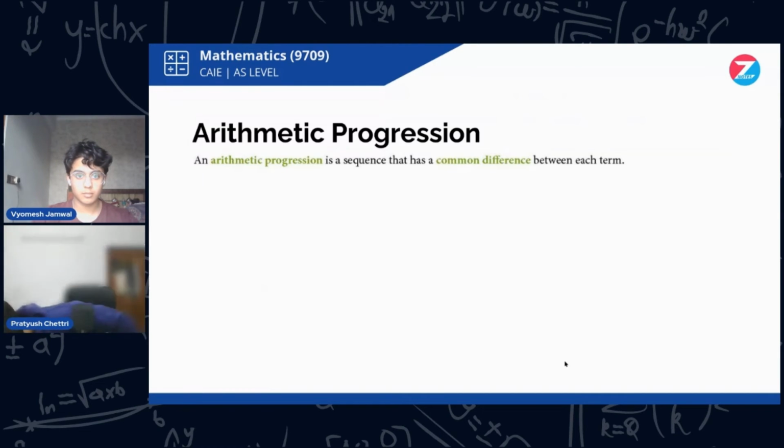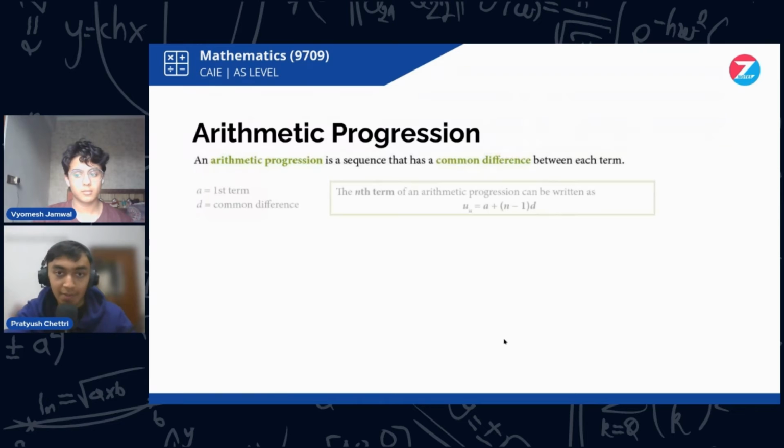Okay. So I was saying the previous page wasn't too important to your syllabus, but this is the main chunk of this topic, arithmetic progression, and then the other one is geometric. We're going to do arithmetic first. Arithmetic means common difference. That should be deep rooted in your head by the end of this. When there's a common difference, we use arithmetic.